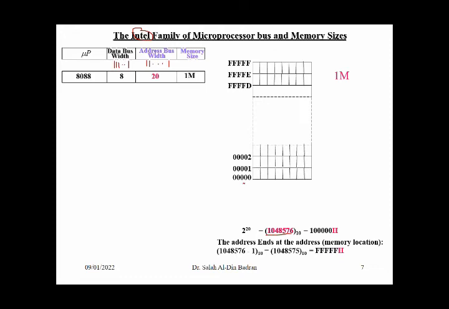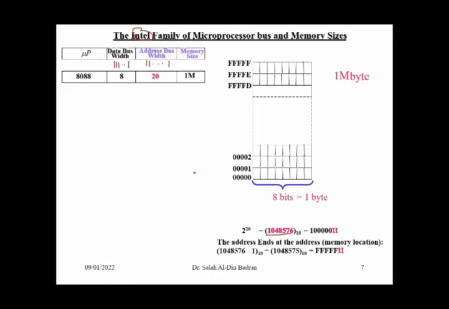These are 8 bits. See, 1, 2, 3, 4, 5, 6, 7, 8. 8 bits. These are the 8 bits that will be stored in 1 byte.